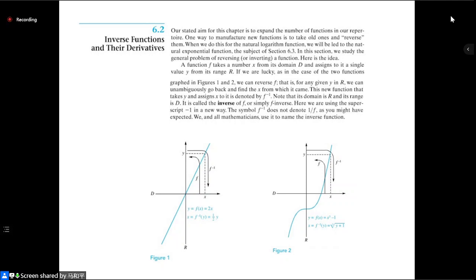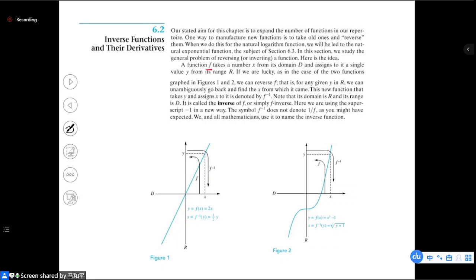In this section, we study the general problem of reversing a function. Here is the idea. We have a function, let's say, a function f.